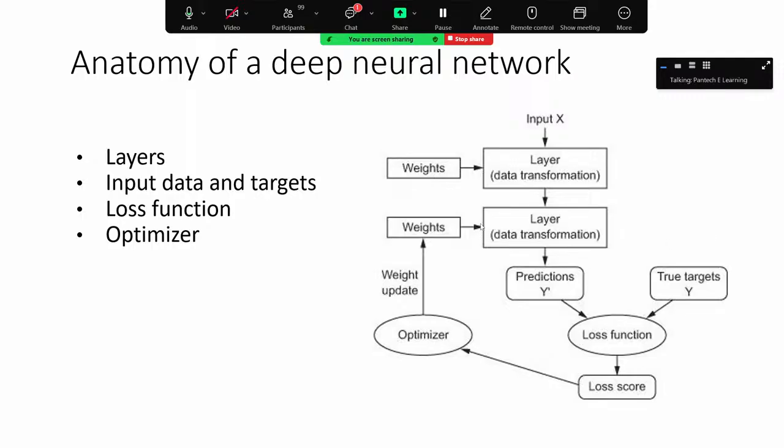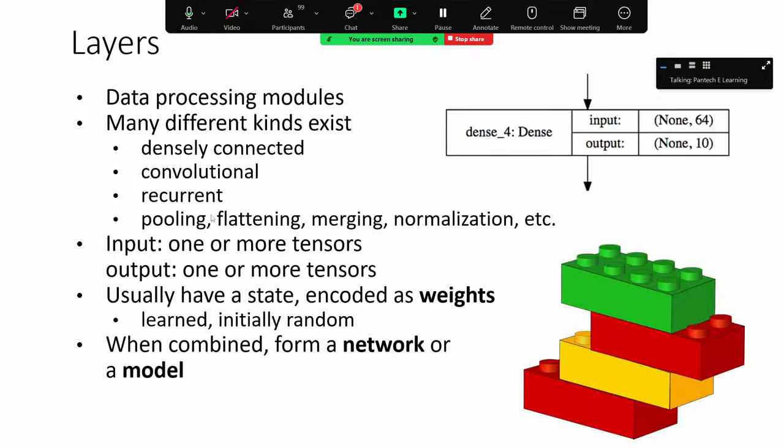So that's the whole process of training and inference. In both cases, this is the same process. So I think you got an idea about all these things, layers. This is just slides about those things again. Layers are data processing modules, and many different layers are there. They're like densely connected, convolutional, recurrent, pooling, flattening, merging, normalization. These are all mathematical operations.